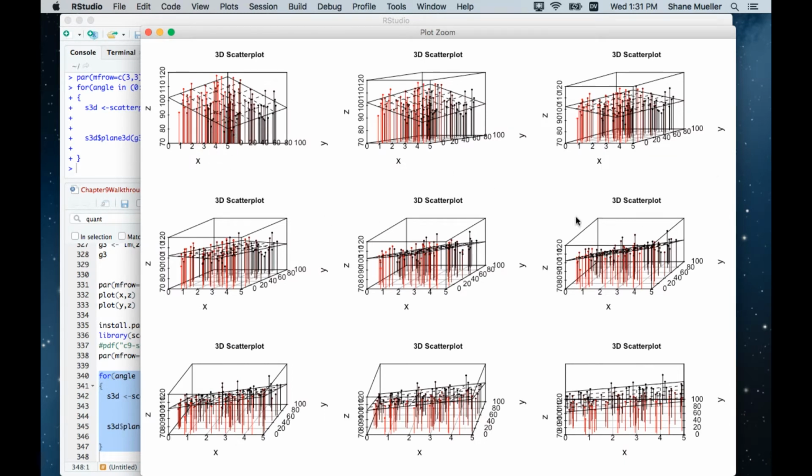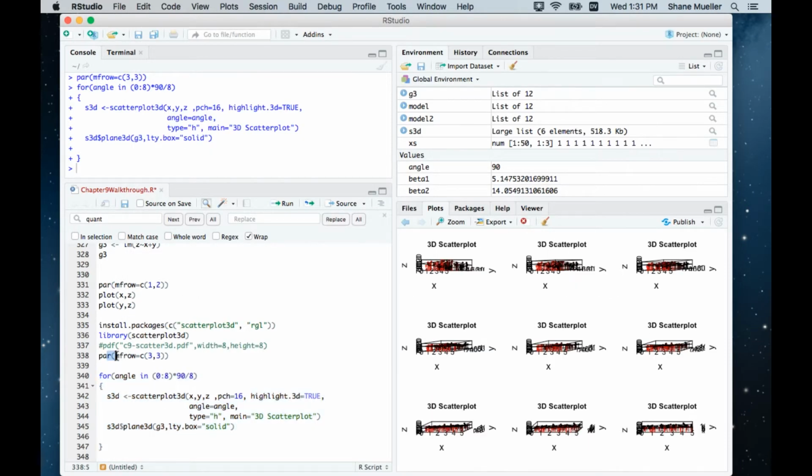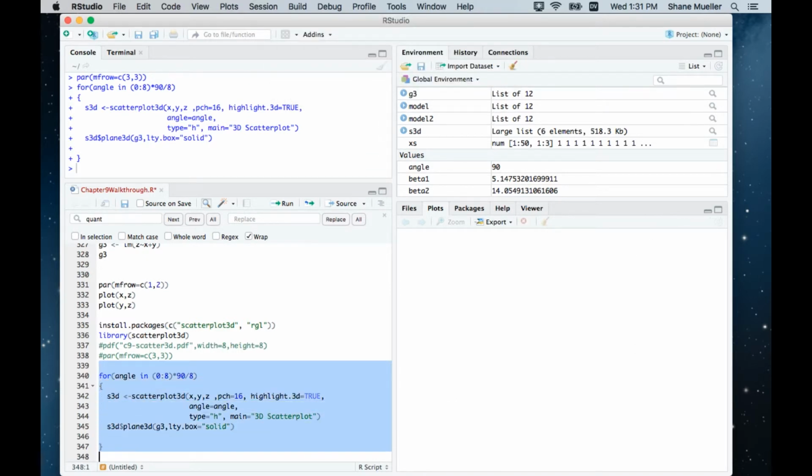I've changed the angle. This is the same data looking from a number of different angles. And I could do the same thing, but make it a single panel, and then it's kind of an animation.